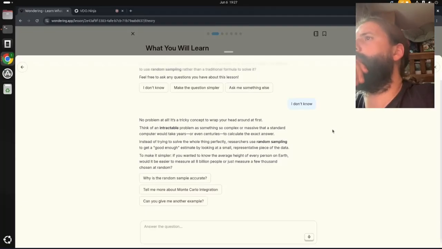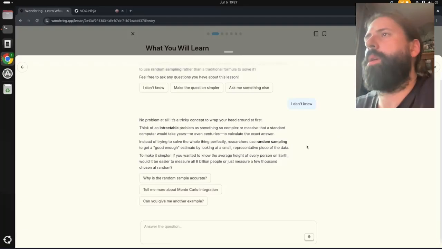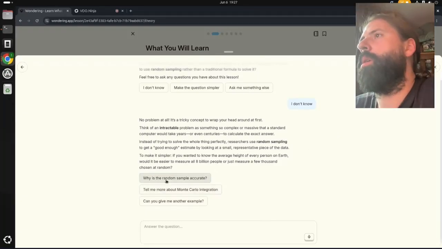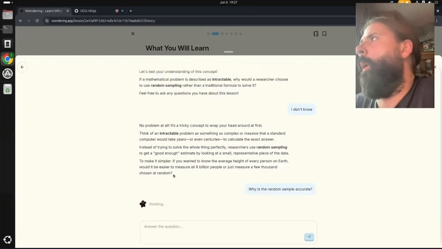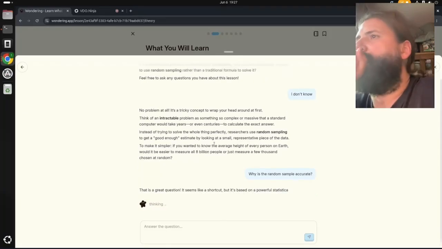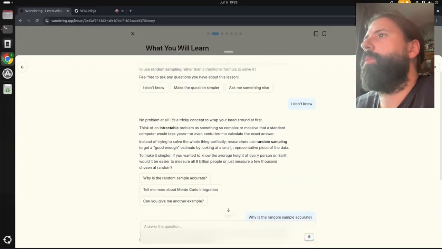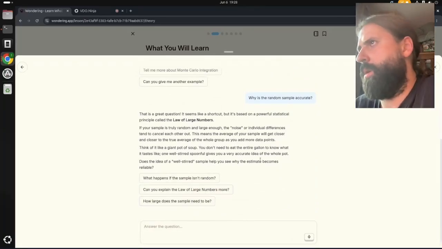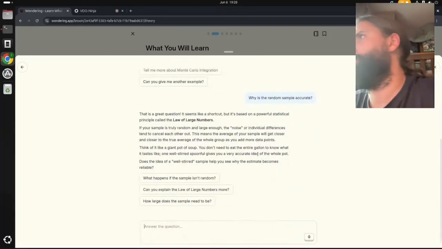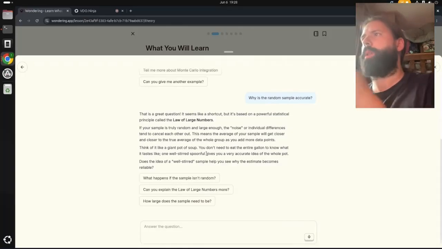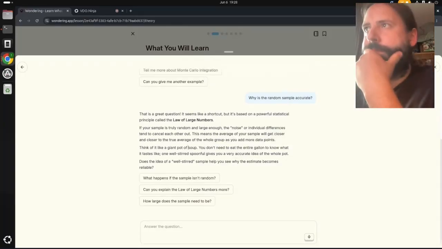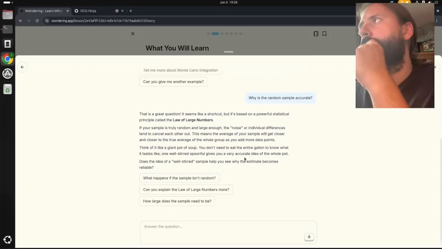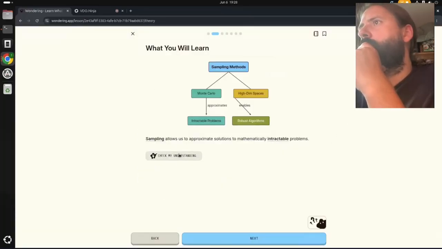Can you give me another example? Law of large numbers, and so on. Okay, you don't need to eat the integral. Okay. I guess it's good. It's check my understanding.